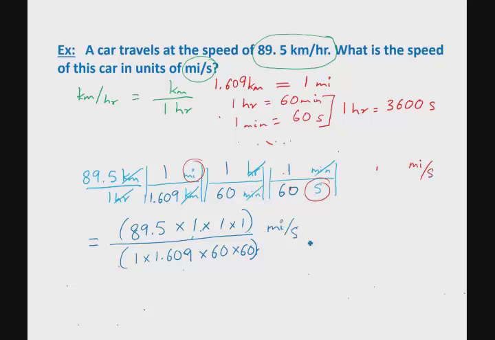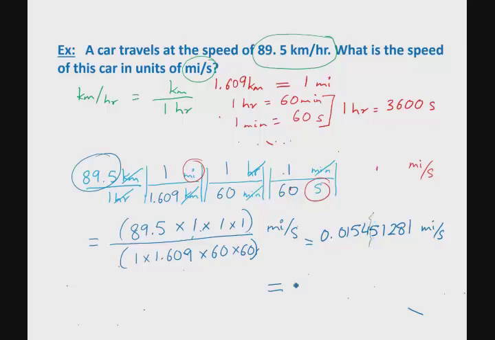When you solve this in the calculator, we get 0.015451281 miles per second. This answer needs to be represented in 3 significant figures based on the information given, which means we need to round it right there.